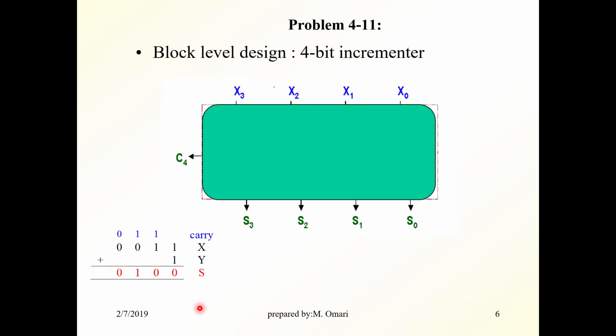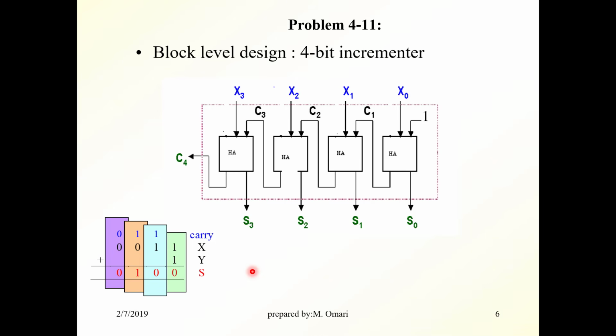How do we do that? You look here, we can say that we can use a half adder to do this part of the addition. If we look here, we can say that we use a half adder to do this. So we use the half adder repeatedly in the 4 stages here. This will result in a circuit that looks this way.